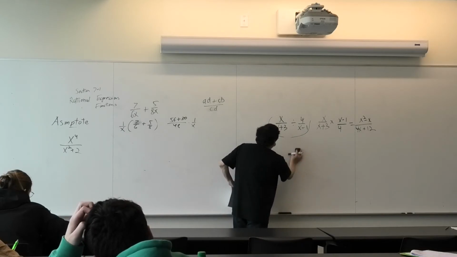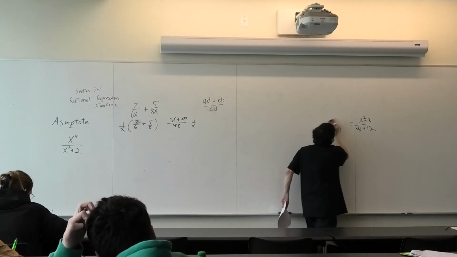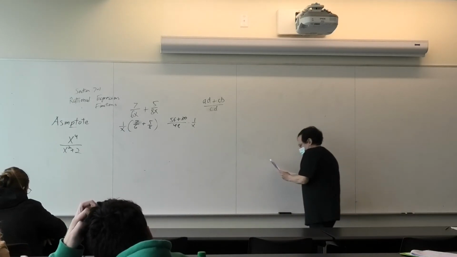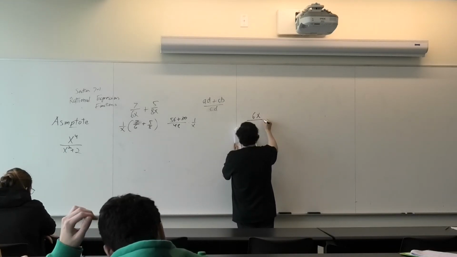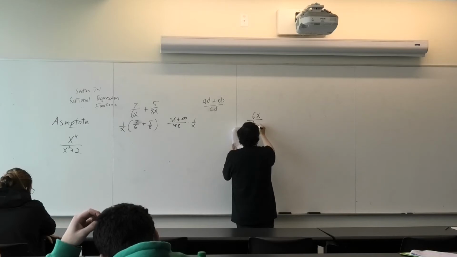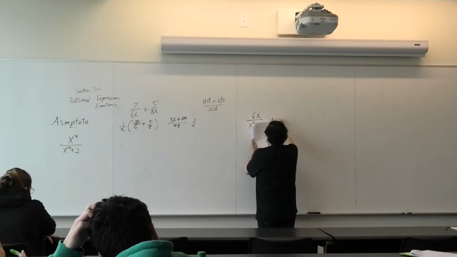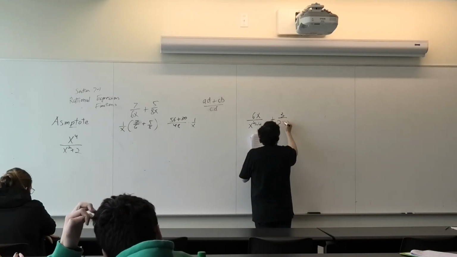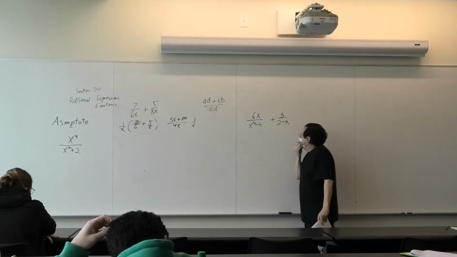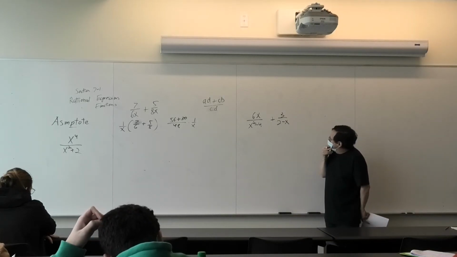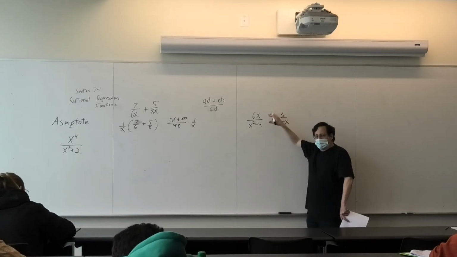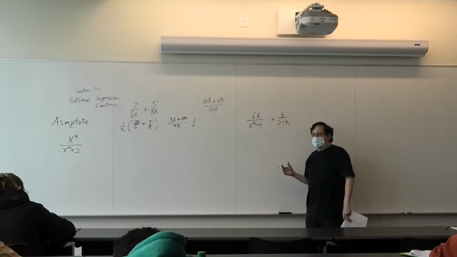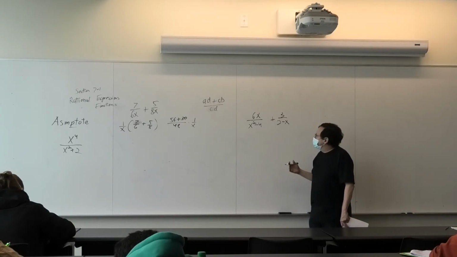We might have a problem more like this: 6x over x squared minus 4 plus 3 over 2 minus x. Well, again, we could use that formula and just multiply, but it behooves us to factor first.